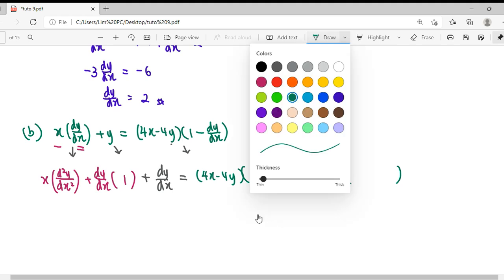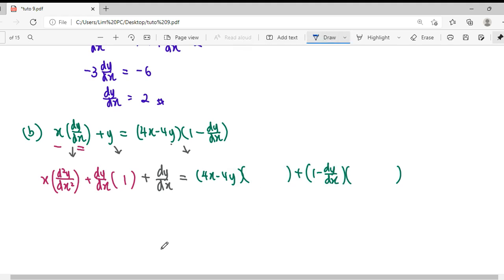So copy the front, differentiate the back. Differentiate 1, we get 0. Differentiate dy dx, it will become the second derivative d2y dx squared, negative. Then copy the back, differentiate the front. Differentiate 4x, we get 4. Then differentiate 4y, we get minus 4 dy dx.